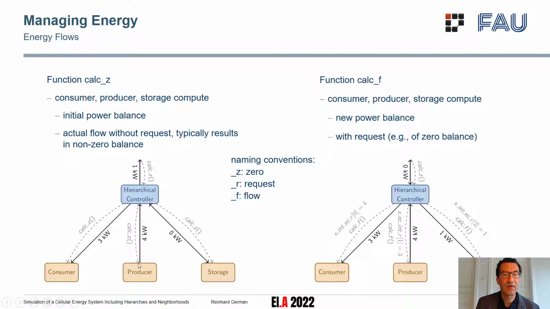Then it goes to the next energy cell, the producer, again with a call of calc z, and gets as an answer 4 kilowatts production. And then it asks the battery as well and gets as an answer 0 kilowatts at the moment. So a balance would now be 1 kilowatt needs to be exported.